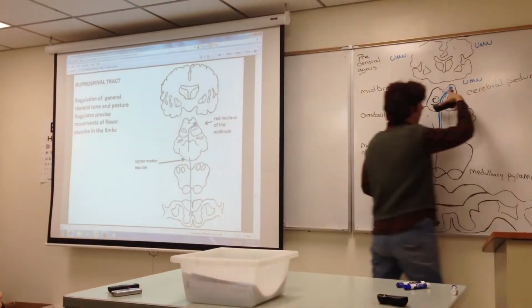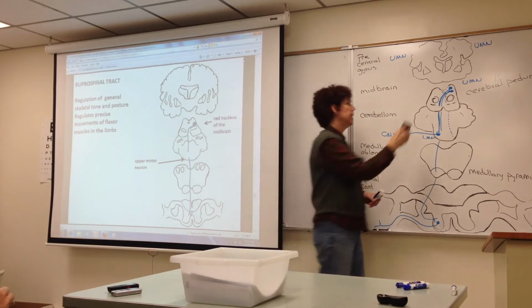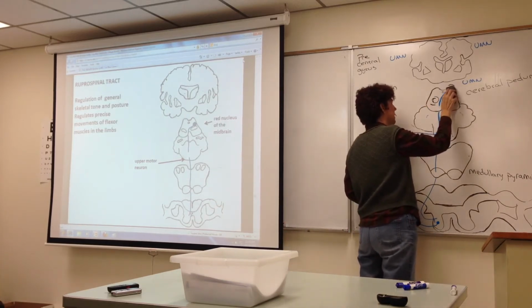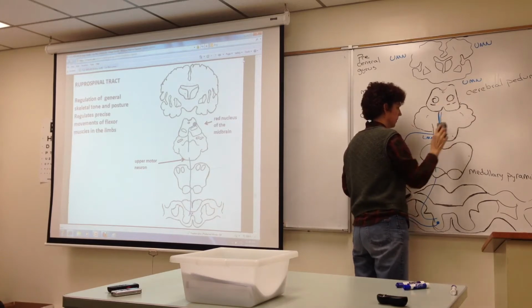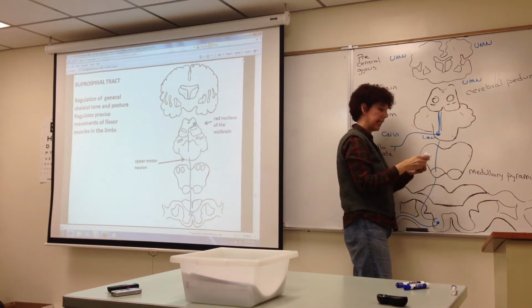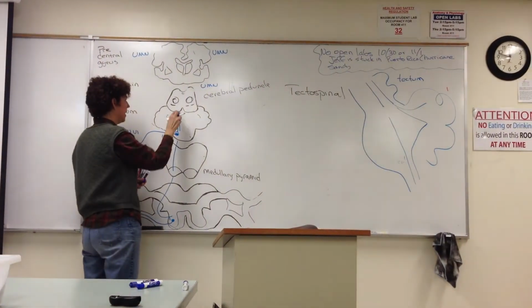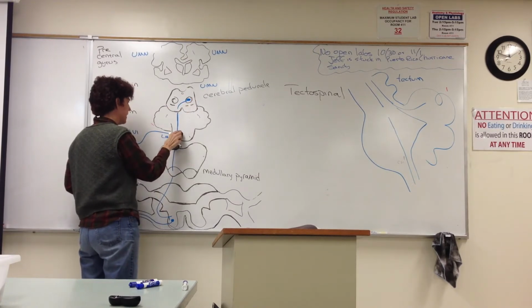All right? So instead of having the cell bodies, the upper motor neurons, in the colliculi, these upper motor neuron cell bodies form the red nucleus. So they would be coming from here, again crossing over in the brainstem and descending.